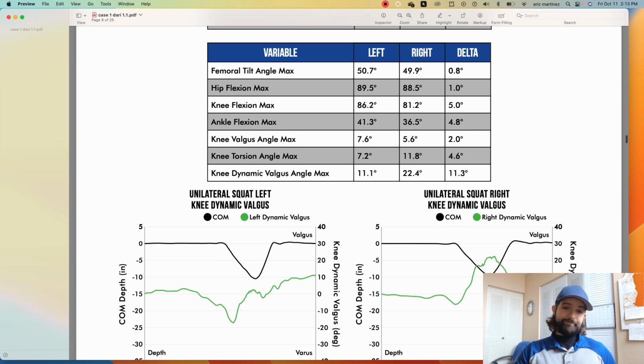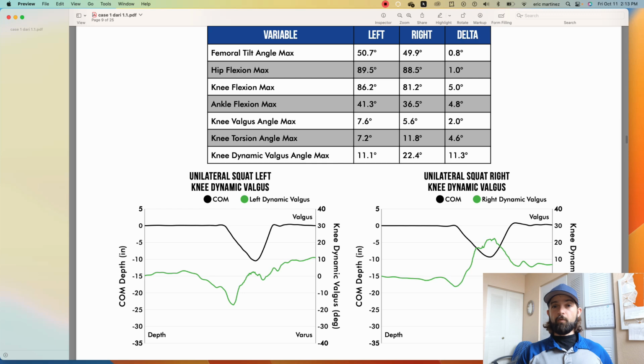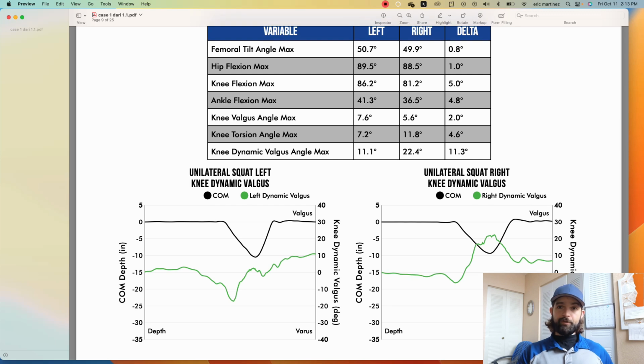So he's still good. He just has more control of the right, being the dominant side, and the one with the hip hike. Which comes down to, hey, we need to fix your hip so that this could get evened out and you feel more comfortable putting more weight on that left side and get better ranges of motion.